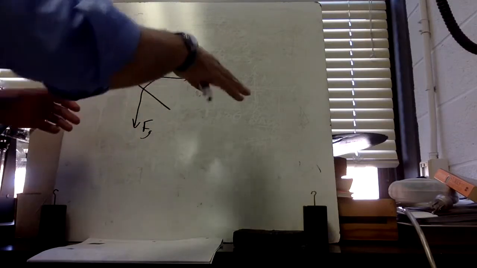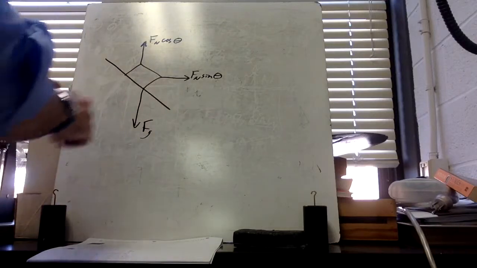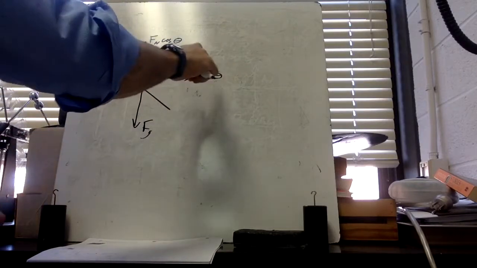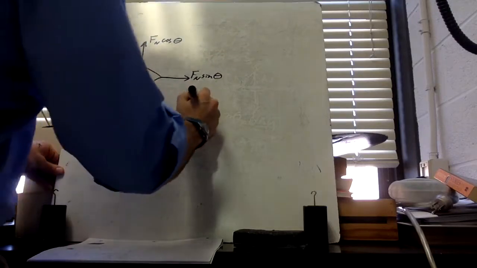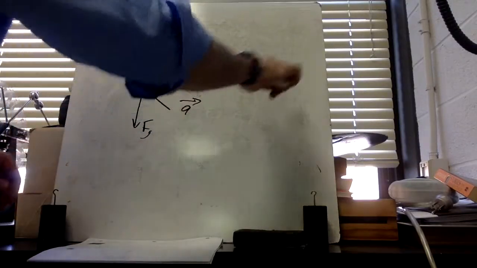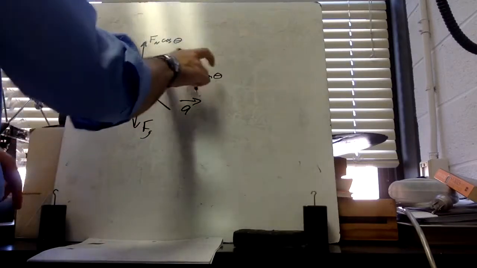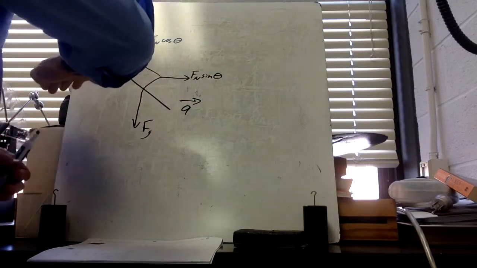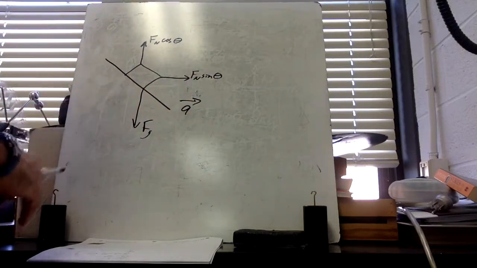But here, since this is a banked curve, it's coming around this way, so what's the center of the circle? It's that way. This is the radial direction. So here's the direction of the acceleration, that way, right? I draw this off to the side, showing the direction of the acceleration. So I resolve everything parallel and perpendicular to the direction of the acceleration.